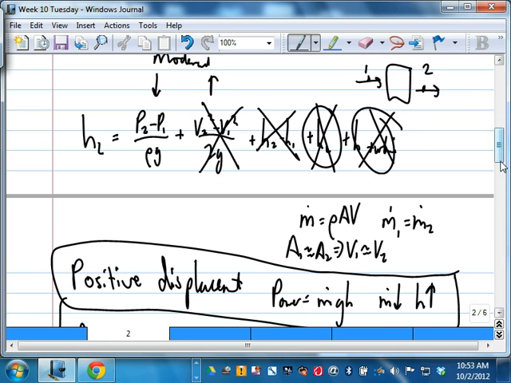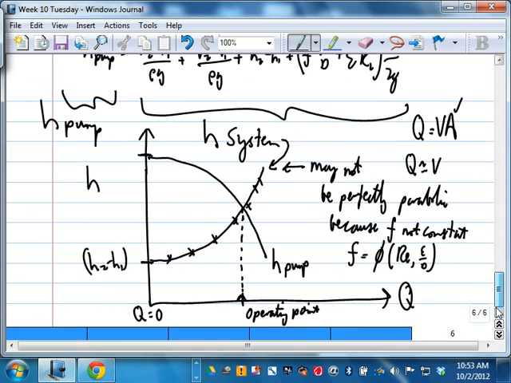So, that's why the graph looks like this. Here, the fluid is spinning in a circle, not moving anywhere except going around in circles. Here, the fluid is spiraling outwards, so you get less pressure developing. And over here, at the other extreme, the fluid spends no time spinning at all. It just goes straight from in to out, so it develops no head at all.